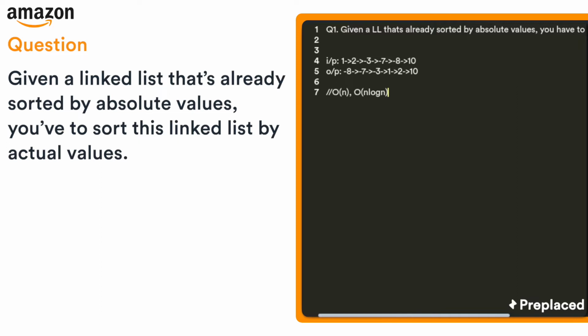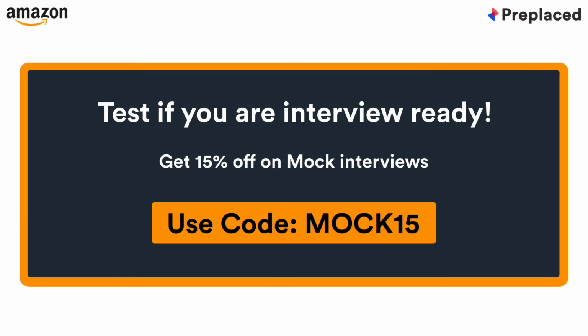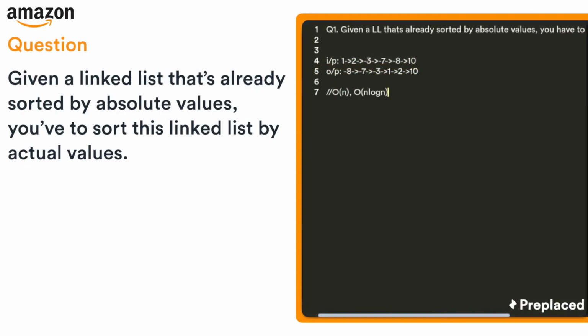If I move through the linked list in a forward direction and I strike a negative value, the intuition will be that I'll put that value at the head of the list.